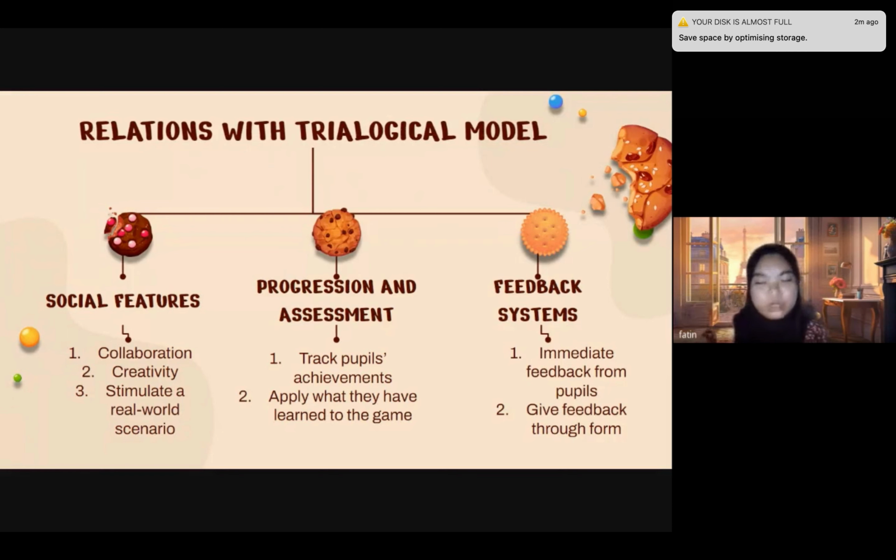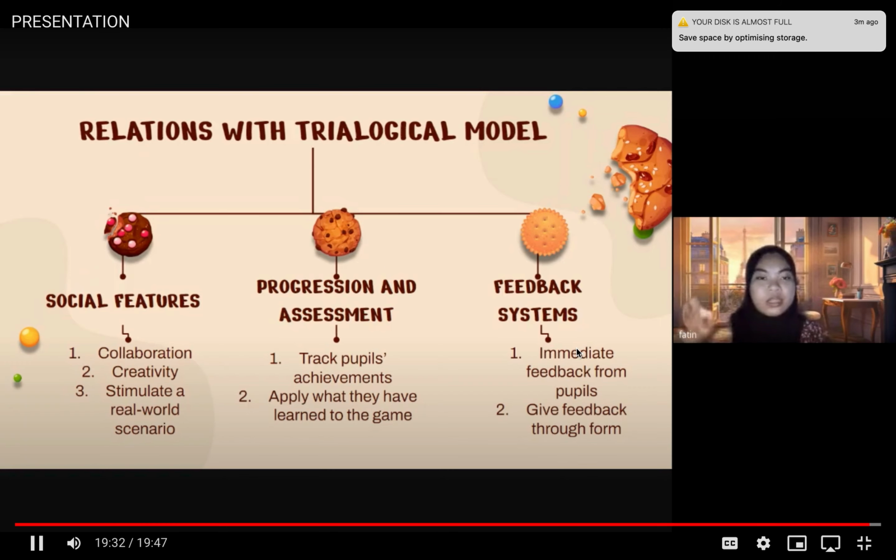For example, if they say that the weakness of our game is that it is not really user friendly, we use the feedback from the pupils to improve the game in the future, so that it can be more user friendly. So I think that's how it relates to the trilogical model. And that's all from us.